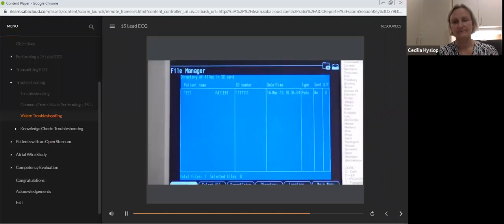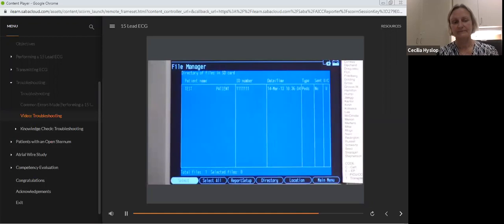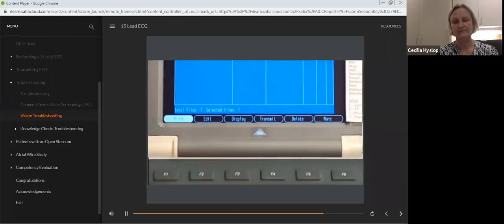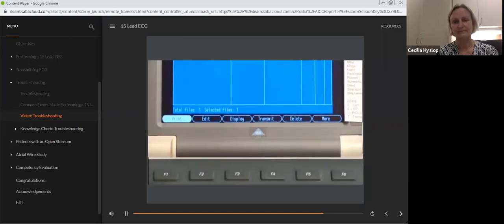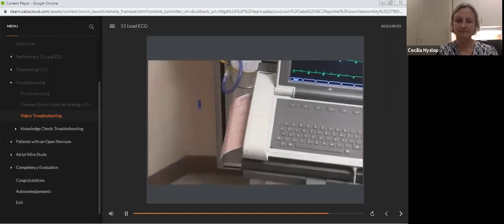Now all the ECG records will be displayed on the screen. We will then go to Select All Records, which is the F2. We are now going to transmit the records by selecting Transmit, which is at the F4 position. The record will now attempt to transmit.